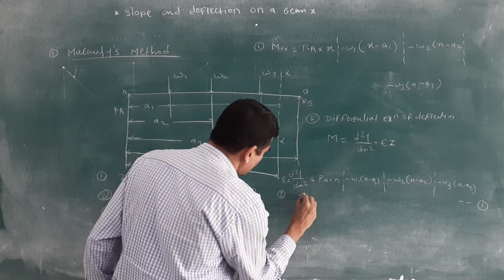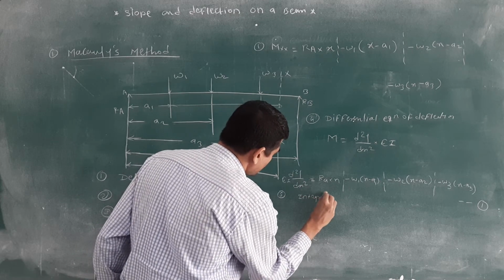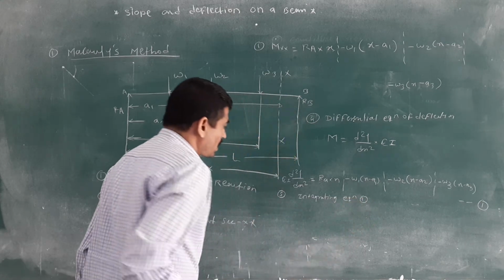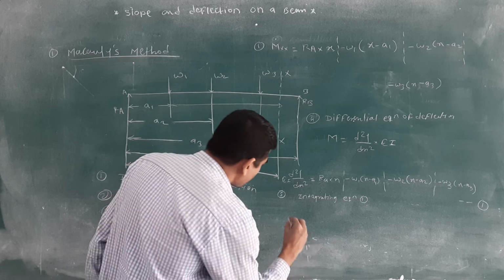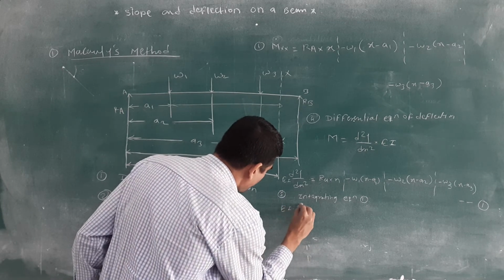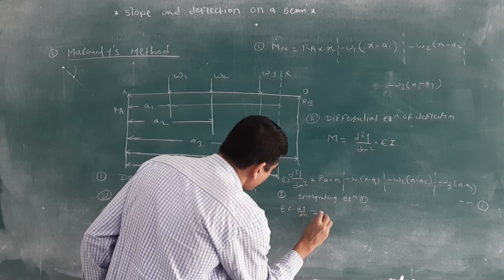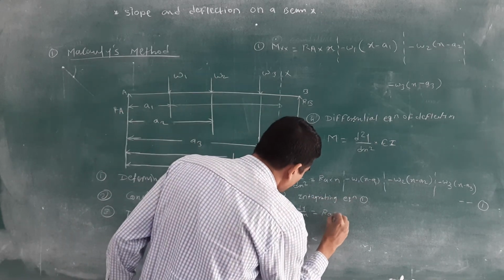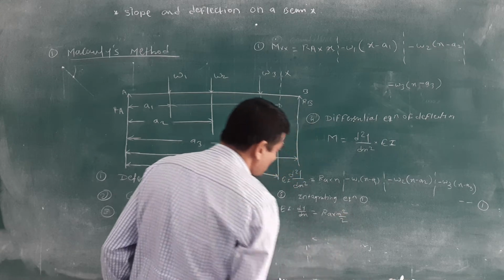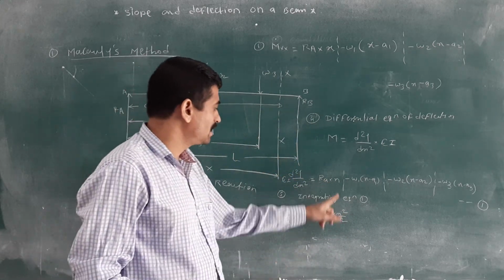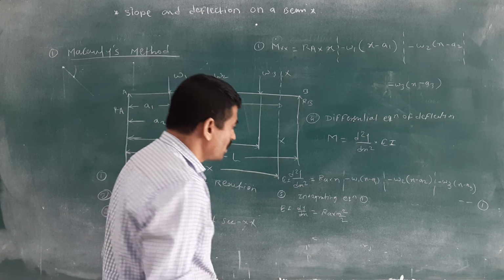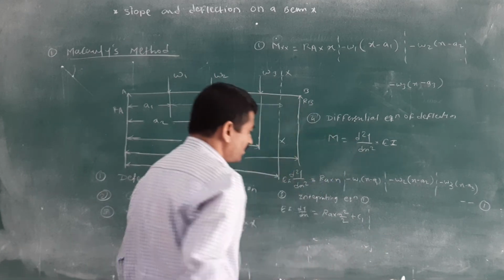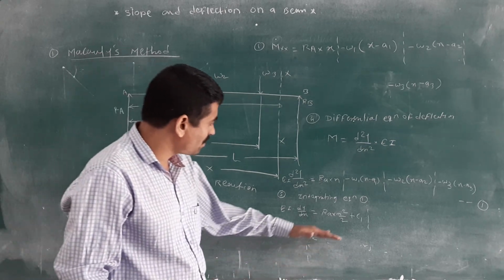Integrating equation 1 with respect to x, you will get EI dy/dx equals RA into x² divided by 2, what is the integration of x, x² divided by 2, plus integration constant C1. Note that you have to write the integration constant C1 in the first compartment.